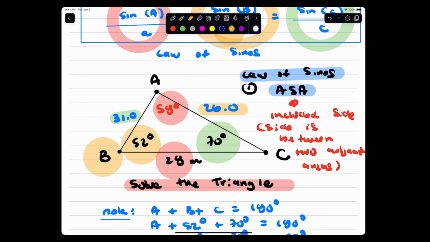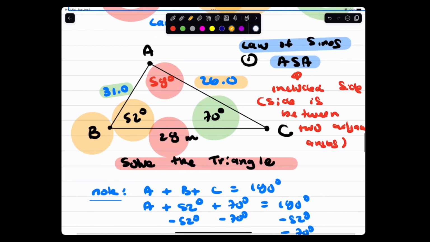You've really solved a what? An oblique triangle. And that has a lot of meaning, because geometry you can think of as solving a right triangle.